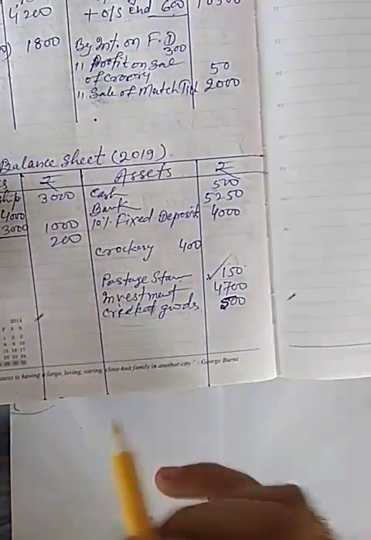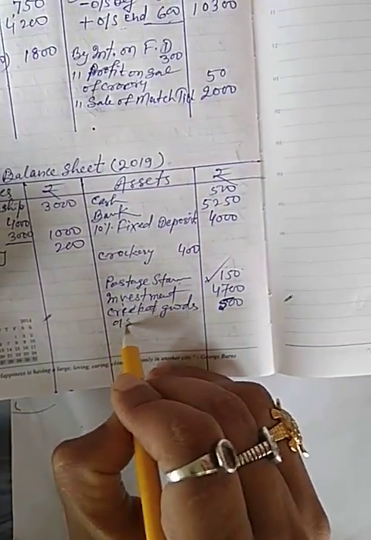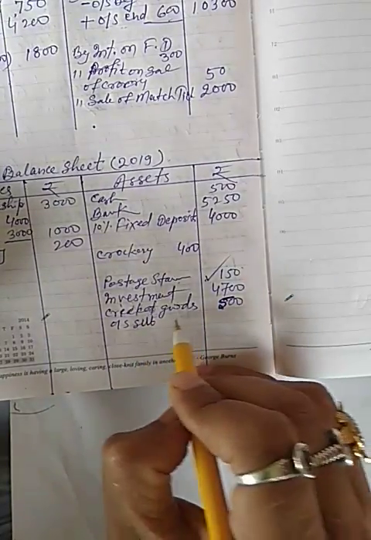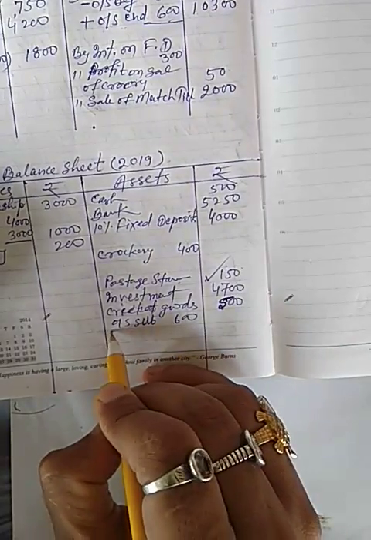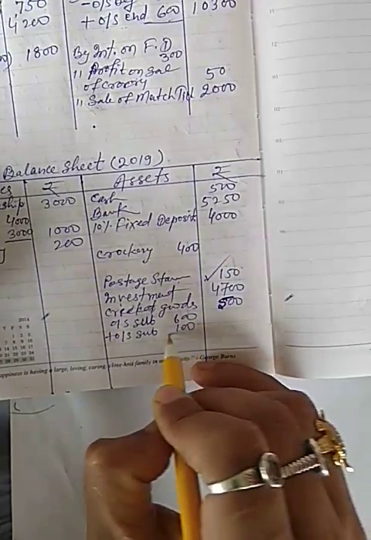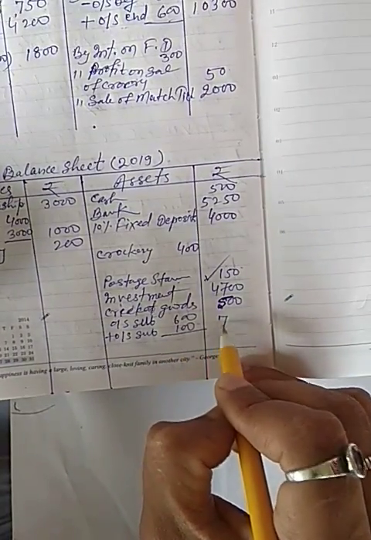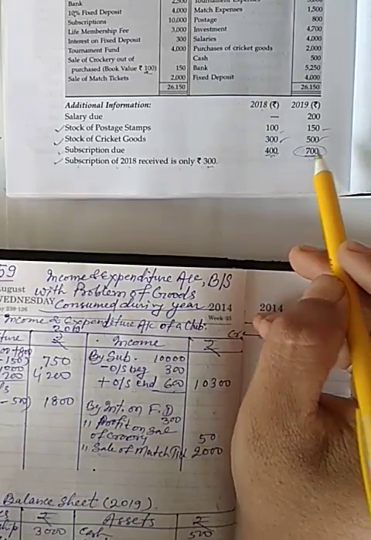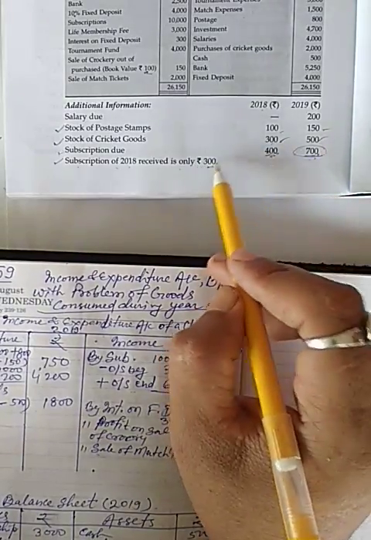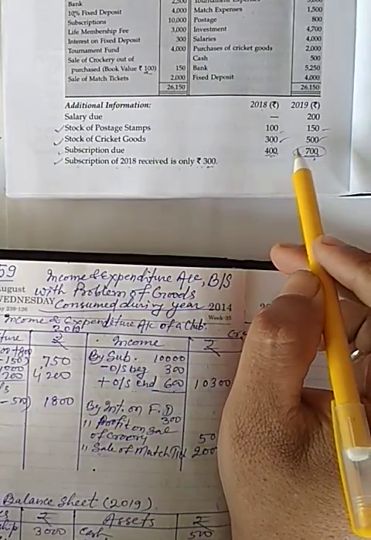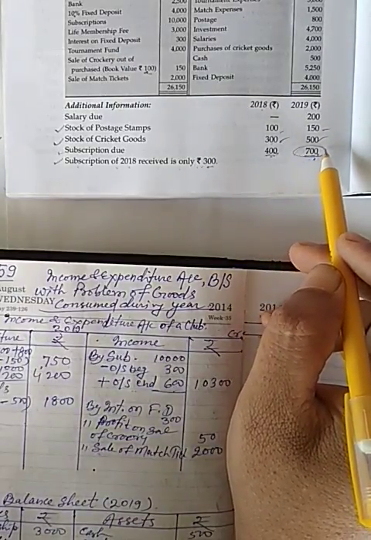And now I will show outstanding subscription for current year 600 plus outstanding subscription 100 still in arrear, so total will be 700, and in the question it is given 700 total including previous year subscription 100. So this should be remembered.